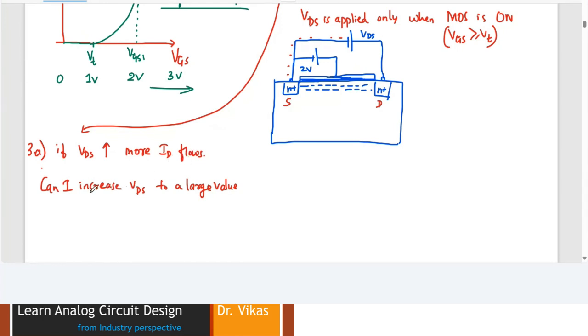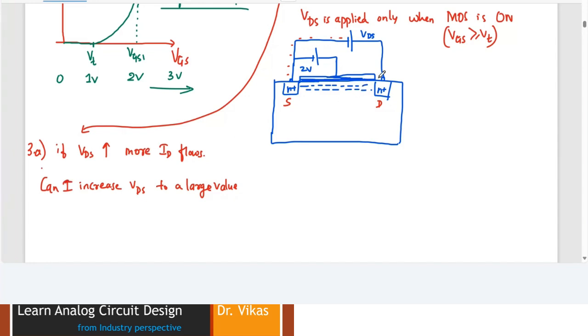So can I not get more current by increasing VDS? Is that not possible? If this is made possible, it will be the biggest invention, right? It will be the biggest achievement, by simply increasing VDS within the MOSFET, to achieve more and more current. But is that possible? Can there be a condition where I can achieve this? Let's try to understand this.